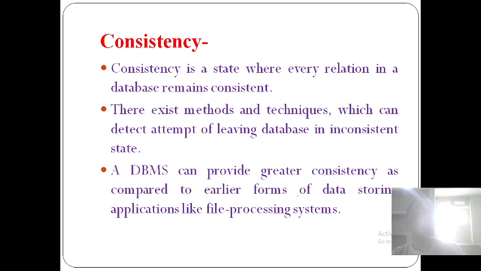So using foreign keys, we can relate each and every table. That we will discuss later while discussing ER diagrams. Got it? This is what consistency is. Consistency is a state where every relation in a database remains consistent.